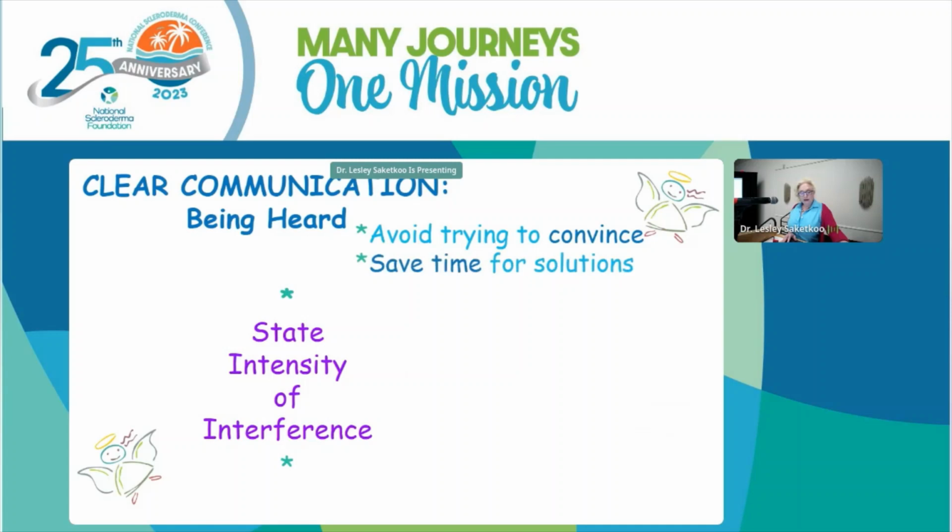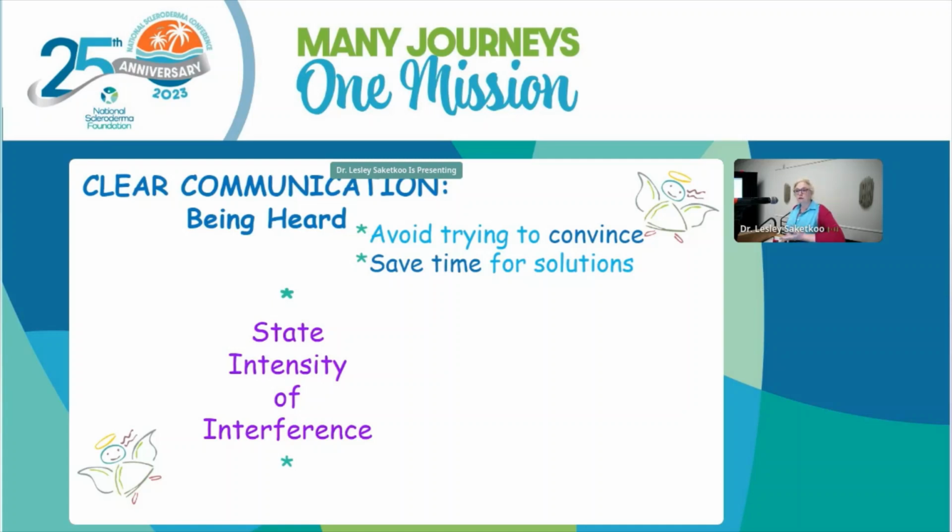Then, state the intensity of the interference. What we want to remember is the clinician is always having a packed day, with many things going on in their mind, so we have to help them. Keep communication clear and avoid trying to convince them of the symptom, because that saves time for really thinking about solutions.